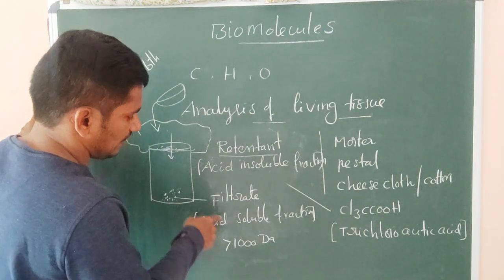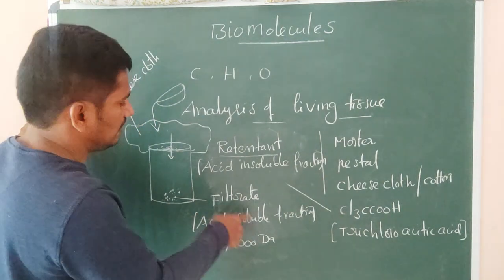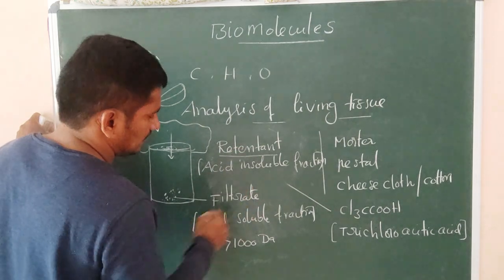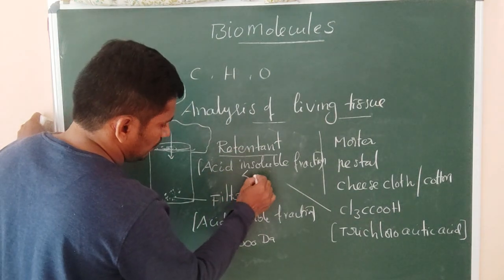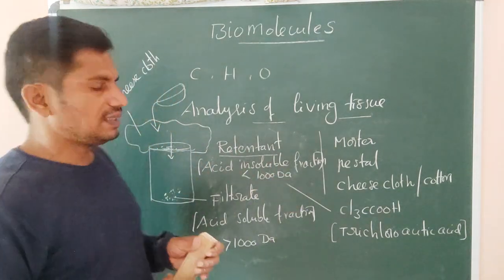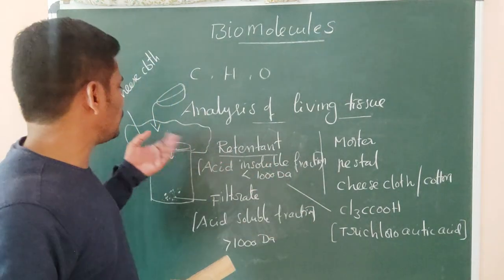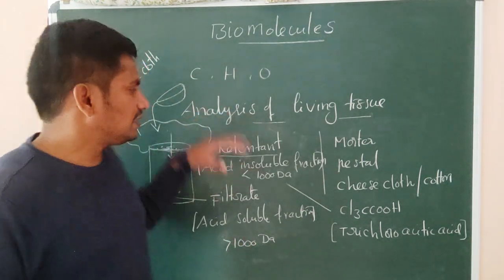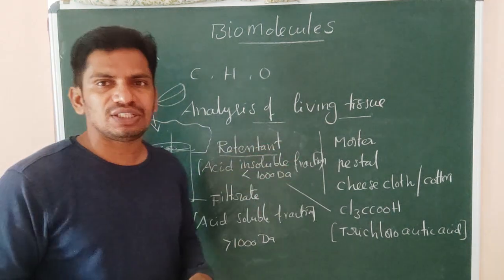The acid insoluble fraction, the retentate, has a molecular weight of more than 1000 daltons. That's the reason it is left over in the cheesecloth. This is the way of analysis of the living tissue.